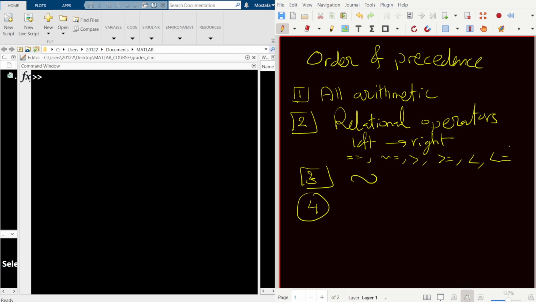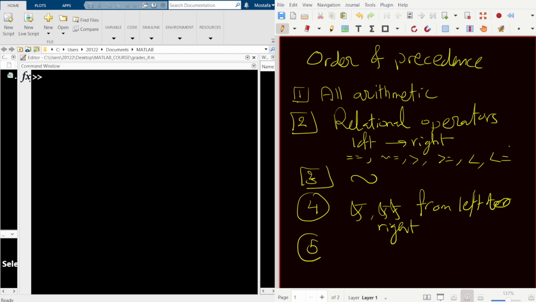And number 4 is for the ampersand and the double ampersand, and this goes from left to right. And finally, the last thing is the OR operator, either the single pipe or the double pipe, and this goes also from left to right.